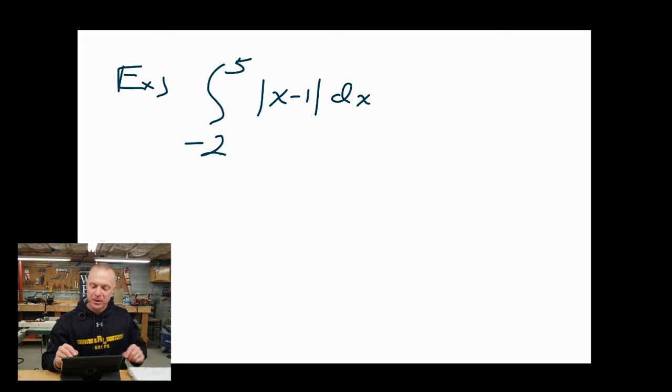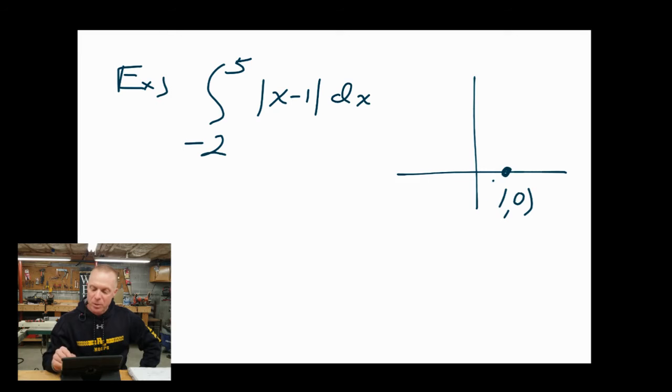I thought that this would be a good time just to remember that when you're graphing a function that has a transformation of -1, that just means that the function shifted to the right one. And so we have a vertex at 1, 0. And you should know that the absolute value graph is going to be this common V shape.